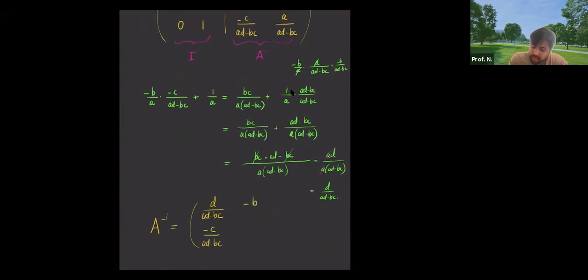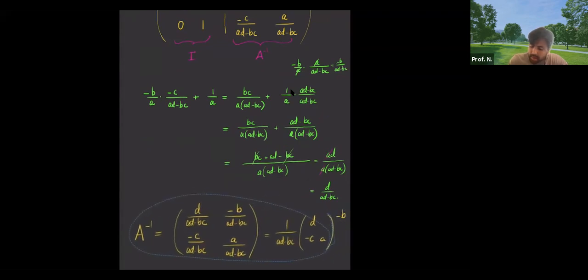This is negative B over AD minus BC. And this is A over AD minus BC. Or in other words, 1 over AD minus BC times the matrix with D, negative B, negative C, A. This is indeed the inverse for a fact. So I just showed you using this procedure that I get indeed what I want.